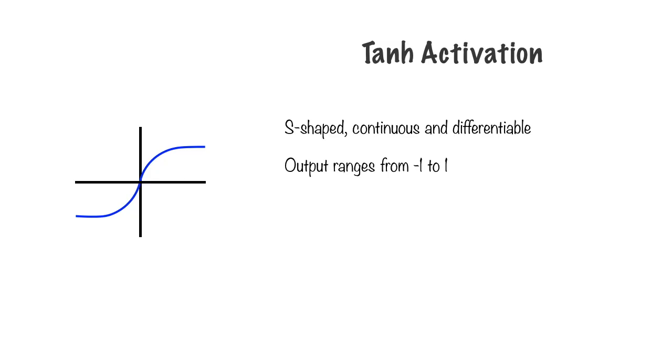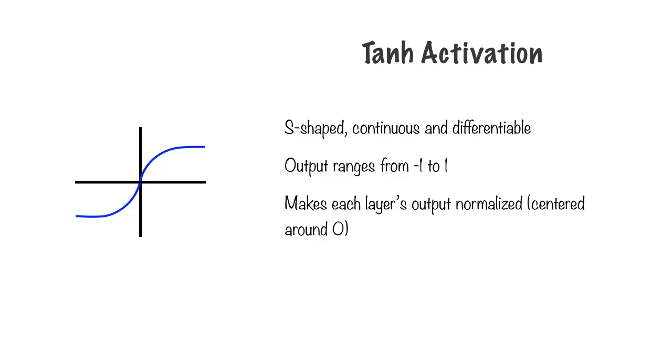Another commonly used activation function is the tanh, or the hyperbolic tangent. This is again an S-shaped curve. It's continuous and differentiable. These are important characteristics of activation functions because this gradient of the activation function is what we use when we perform gradient descent optimization that you studied when you studied regression models.